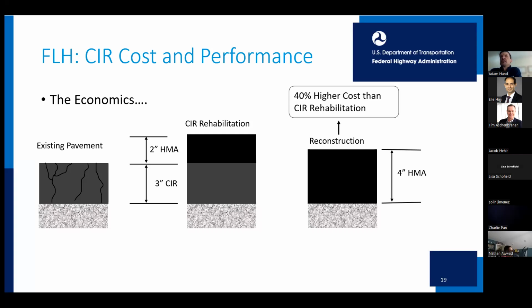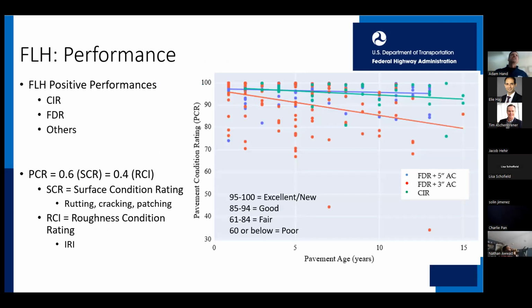That would essentially give you an equivalent structural capacity, right? The 2 alternatives on the right. And the cost of the reconstruction was estimated to be about 40% higher than the CIR rehabilitation alternative.